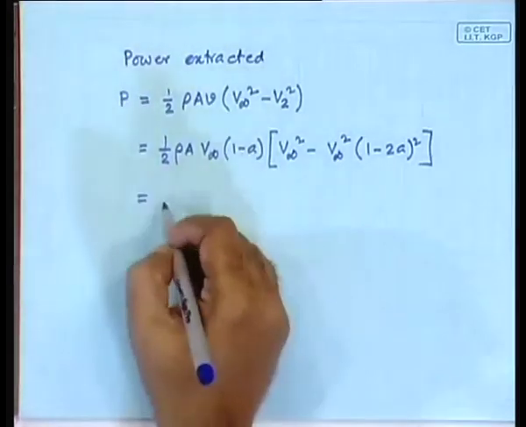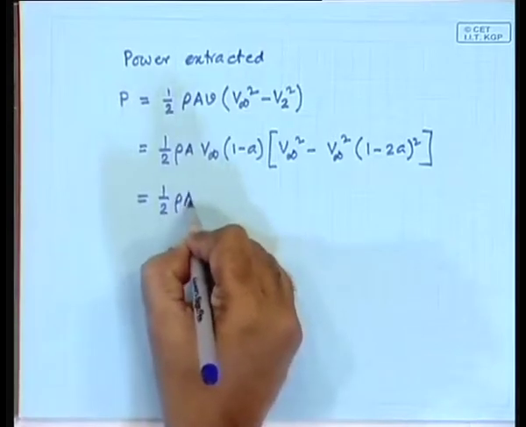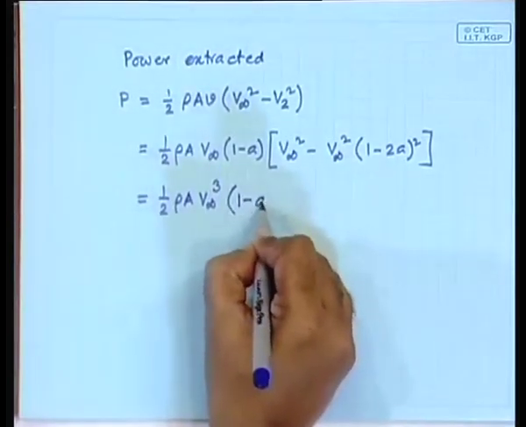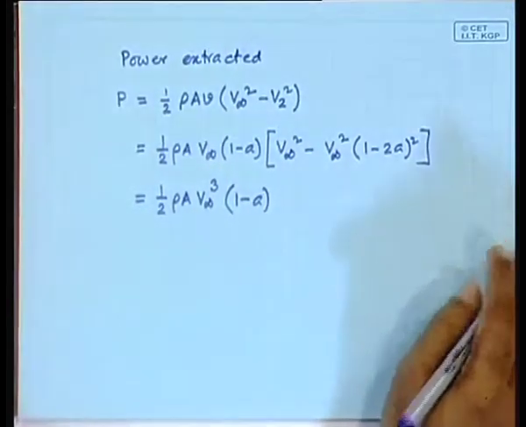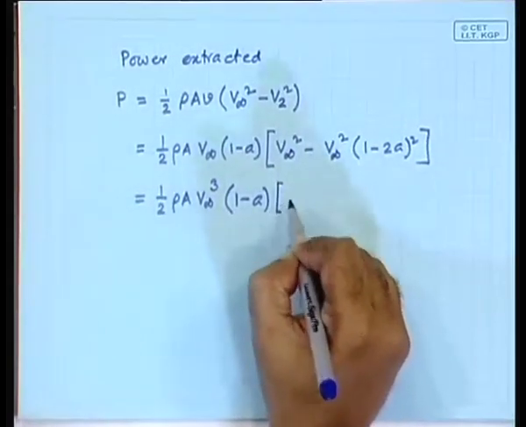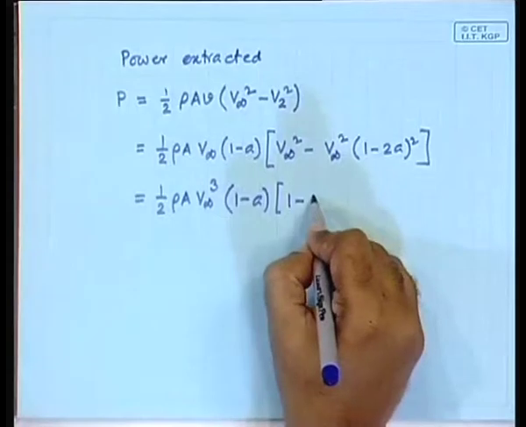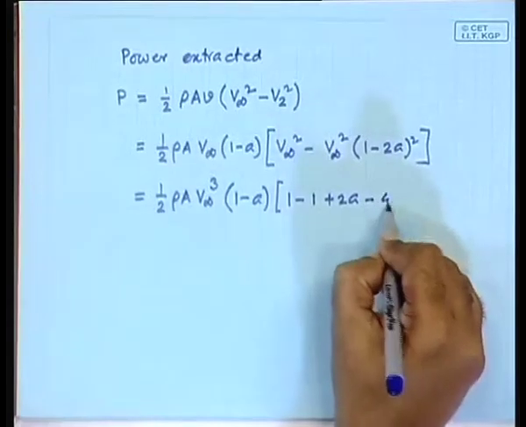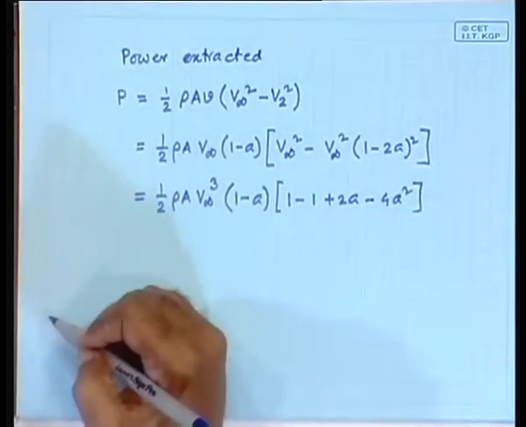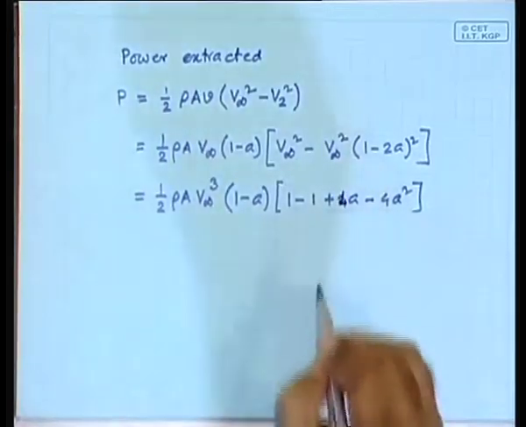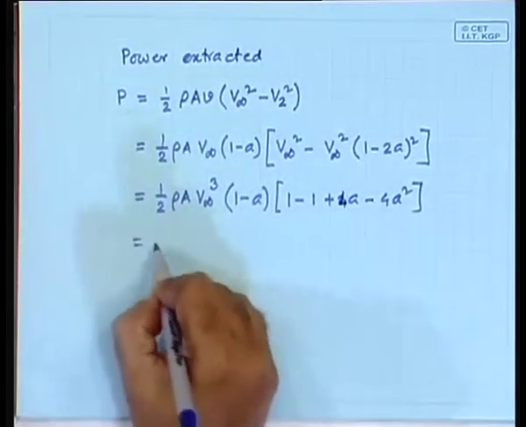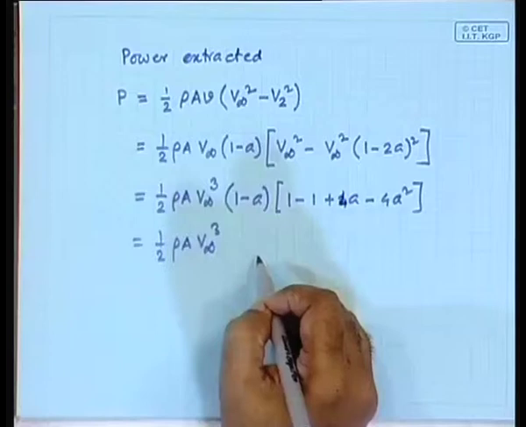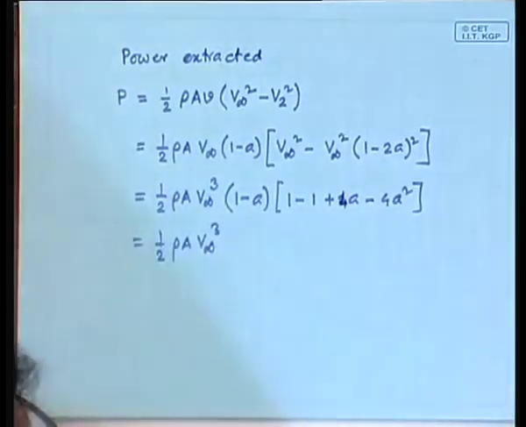So, just simplify this, tell me what you get. This will come out as V infinity cube, 1 minus A times what remains: 1 minus 1 plus 2A minus 4A square. Four, yeah, 4A minus 4A square. So, you have half rho A V infinity cube times 4A minus 4A square here.